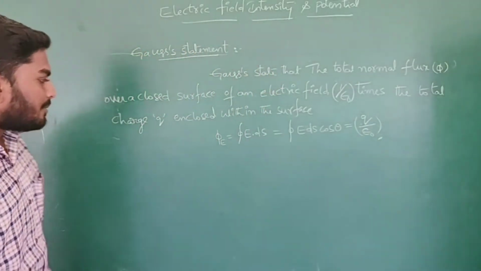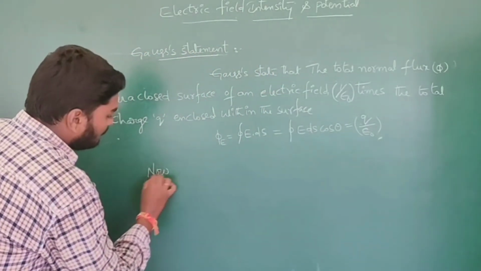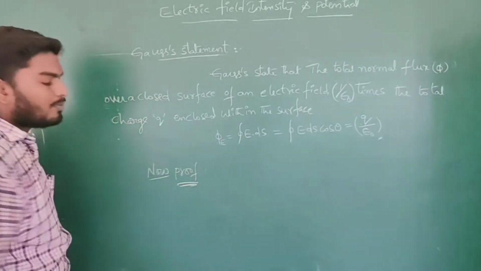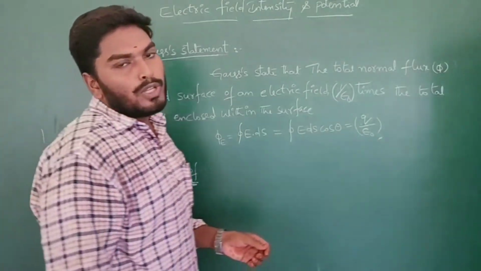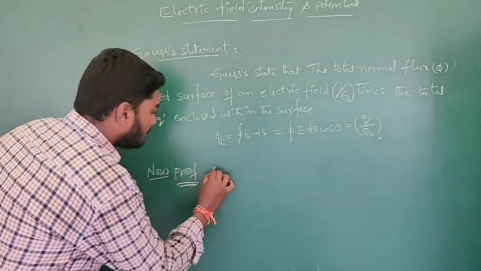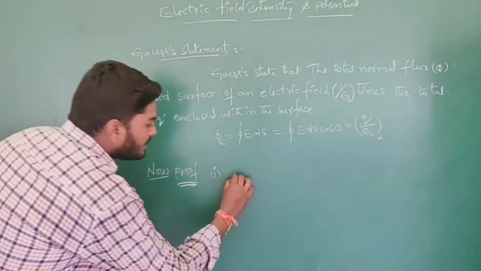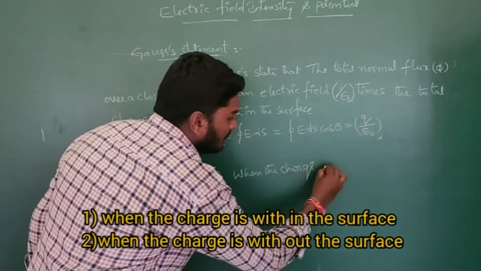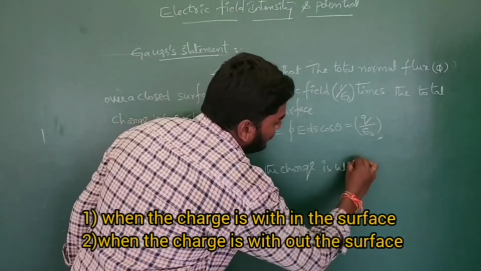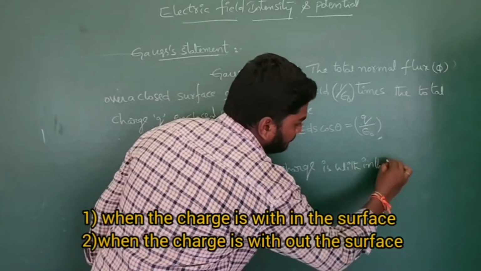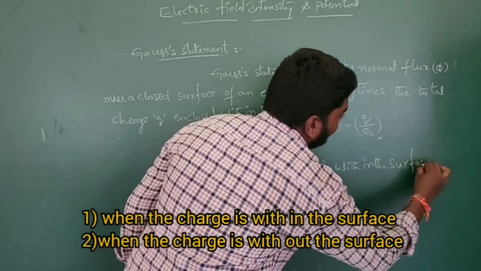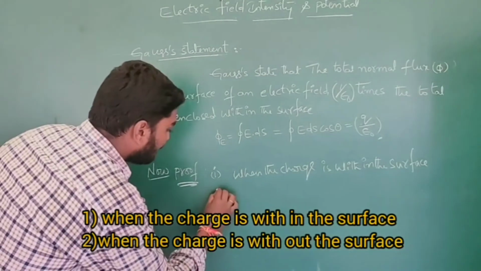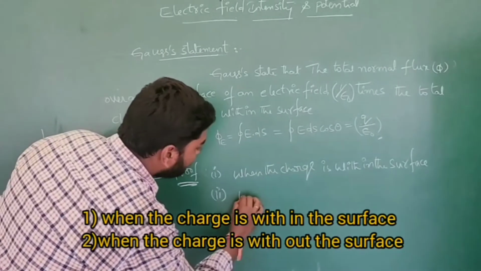Now the proof of Gauss statement. Two cases are there. First case, when the charge is within the surface.